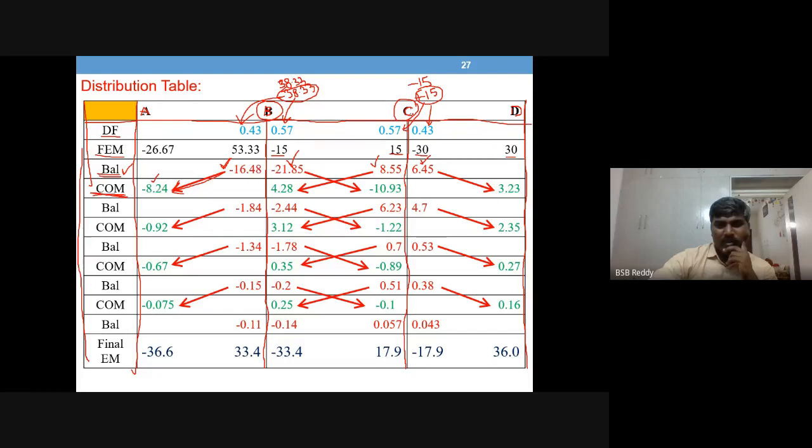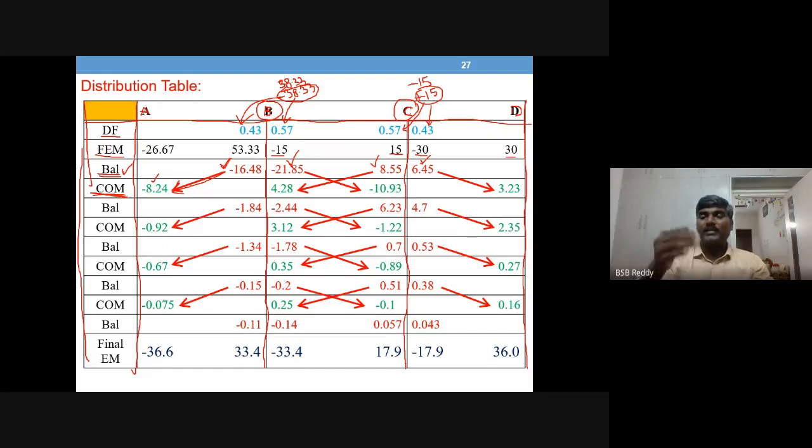Then joint, I mean to say the other end. Okay, joint B has got two far ends. Joint B has got two far ends. One is A fixed. C is also must be treated as fixed. Okay, why?